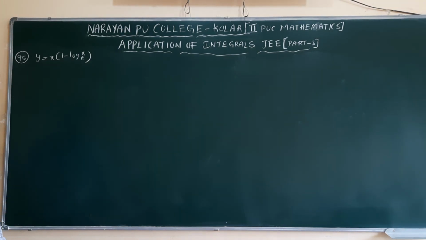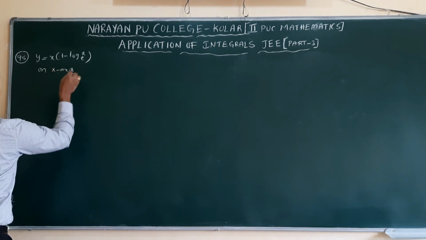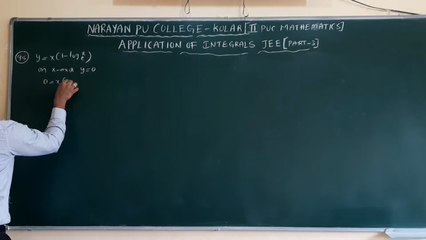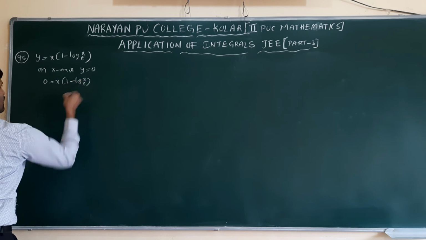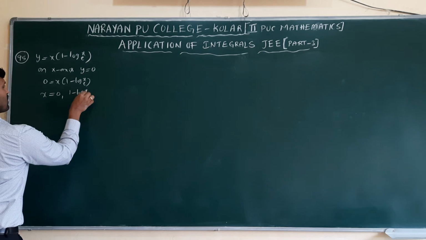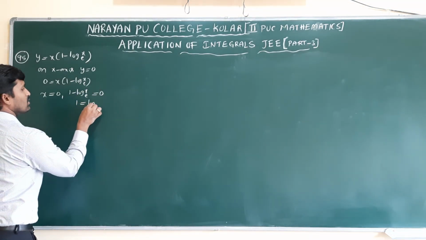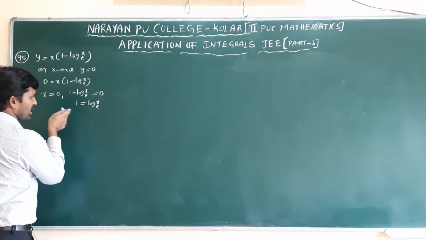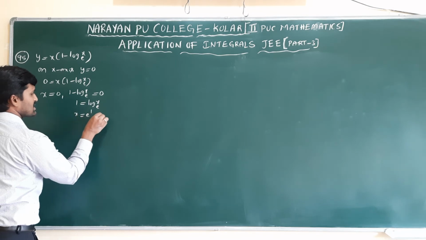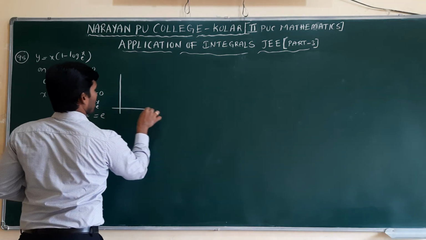Now on the x axis, the y value is 0, to find the intersection point. 0 equal to x into (1 minus log x to the base e): either x value is 0, or 1 minus log x to the base e equals 0. From this, 1 equals log x to the base e. If we convert into exponential, x equals e power 1, that is e. The limits we got clearly are from 1 to e.